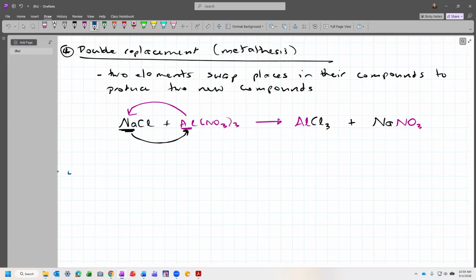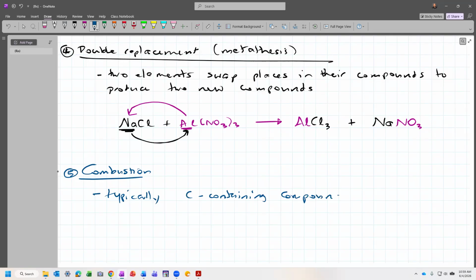The last one here we'll take a look at is called a combustion reaction. And in a combustion reaction, typically we'll see a carbon-containing compound react with oxygen, so O2 gas, to produce carbon dioxide, CO2, and water vapor, H2O.